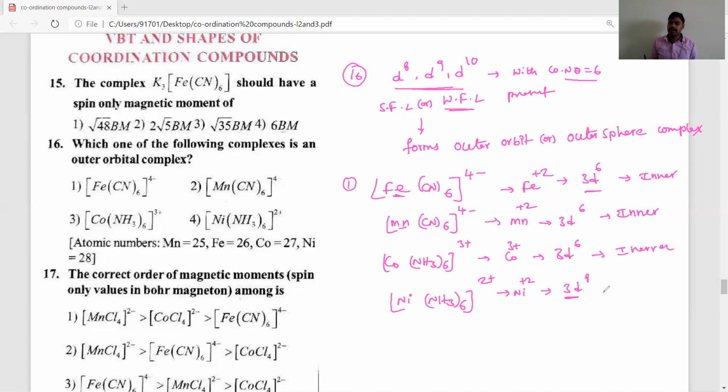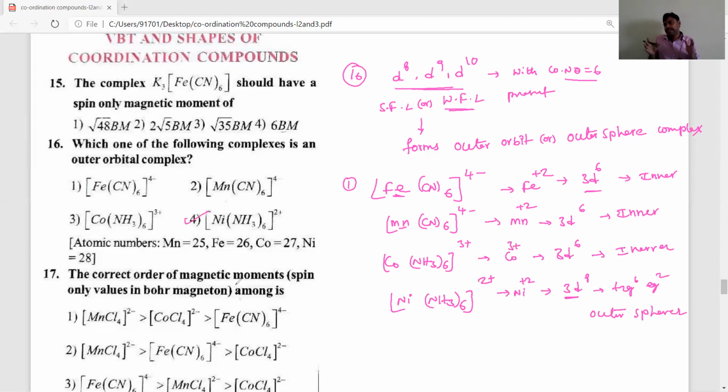For d8, the configuration is t2g6 eg2. It forms an outer orbital complex only. So what we want, dear students, is the outer orbital complex. That is the fourth option.